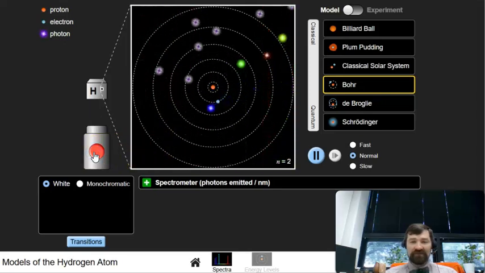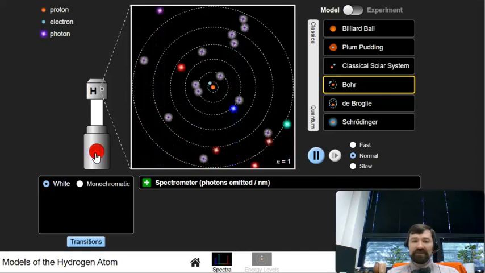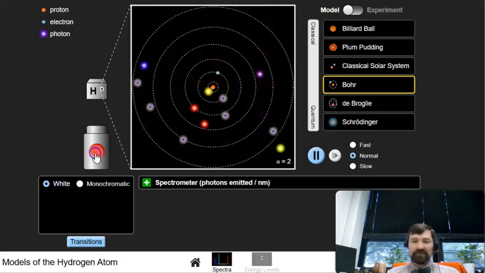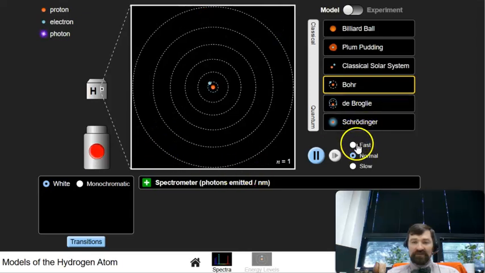So here we've had it jump to a higher state by absorbing a photon, then as it drops, it emits some photons. So here it's emitting a couple photons. Let's go to a slower motion to catch this one more time.